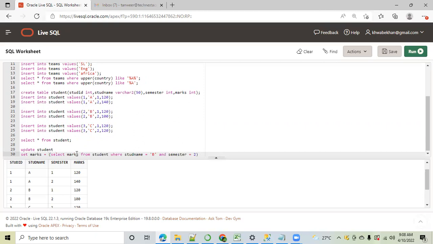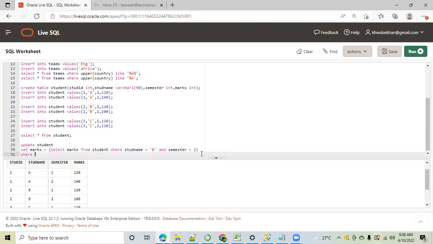So you want these marks, correct? The mark coming from this query, student B and semester 2 marks, you want to update here in the marks column, but for whom? WHERE student name is equal to A and semester is equal to 2.